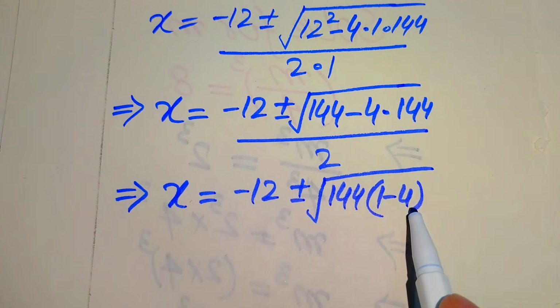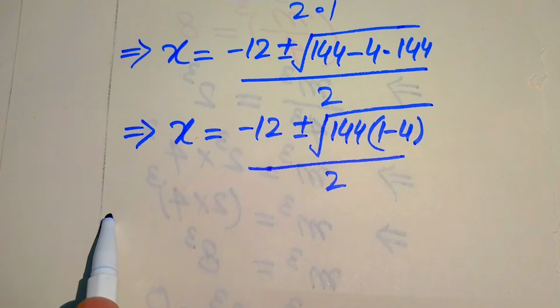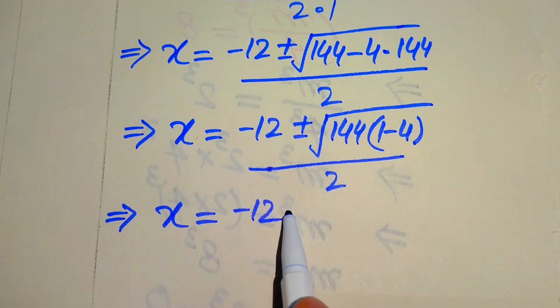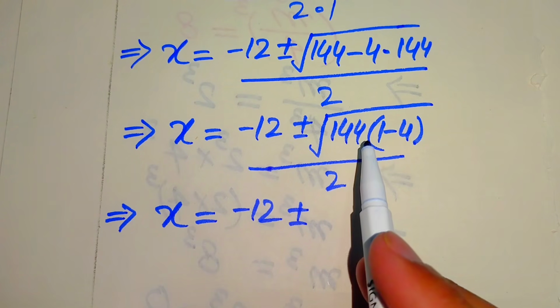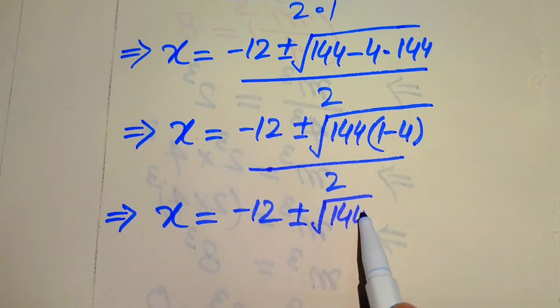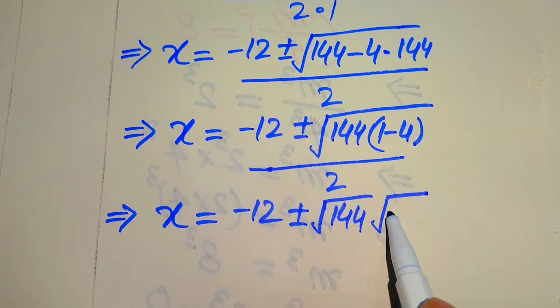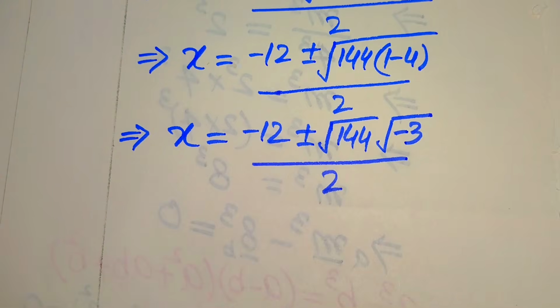After taking 144 common, the remaining values are 1 minus 4, divided by 2. Then x is equal to minus 12 plus or minus, here we break the square root and apply it separately on both values, and we get square root of 144 into square root of (1 minus 4), and 1 minus 4 becomes minus 3, divided by 2.